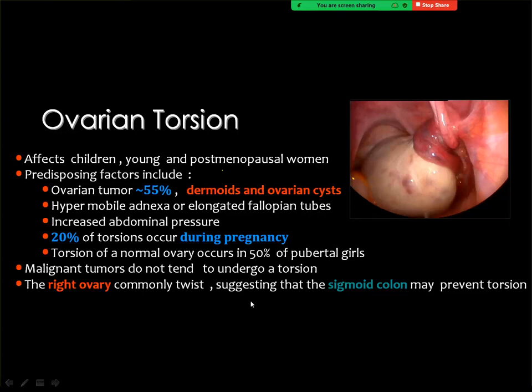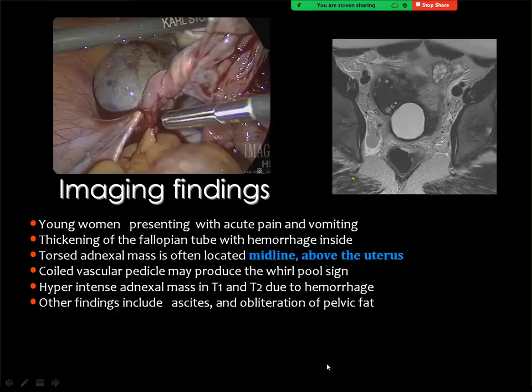Sometimes you get ovarian torsion in about 20% of the patients during pregnancy, and the torsed ovary is usually on the right side because it is suggested that the sigmoid colon may prevent torsion on the left side.